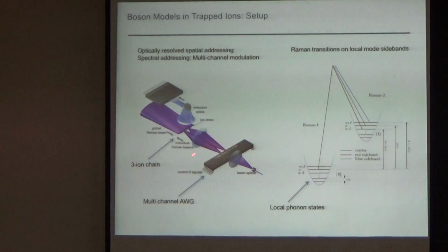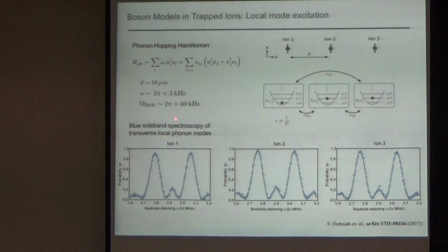I do that by modulating the individual addressing beams with a multi-channel AWG, and that is the difference between this setup and the previous setup. Then I can increase or decrease the number of phonons by driving the red and the blue sidebands, but you have to remember that these phonon modes are now the local modes, not the normal modes, on each ion. Okay. So I have the usual hopping Hamiltonian.